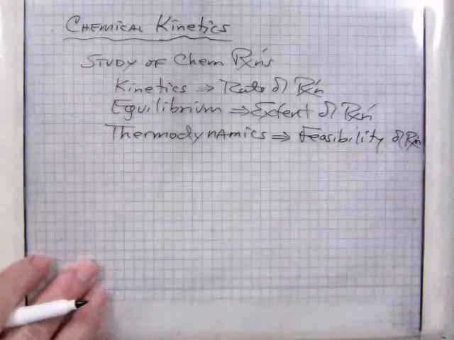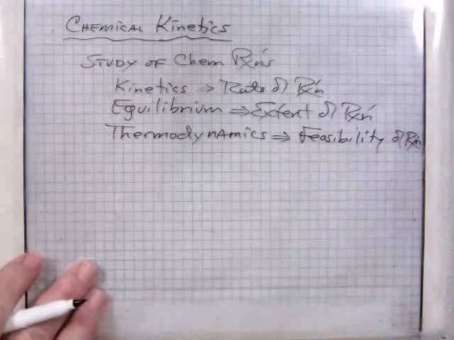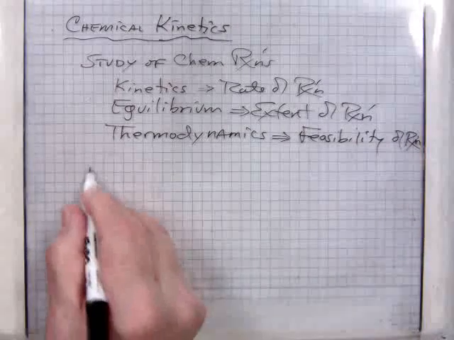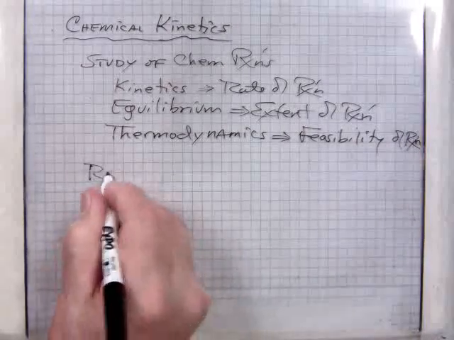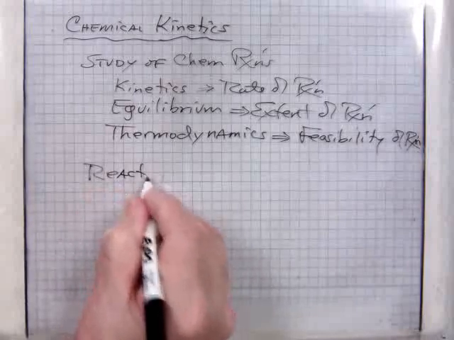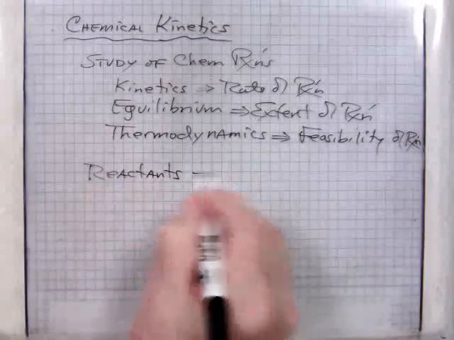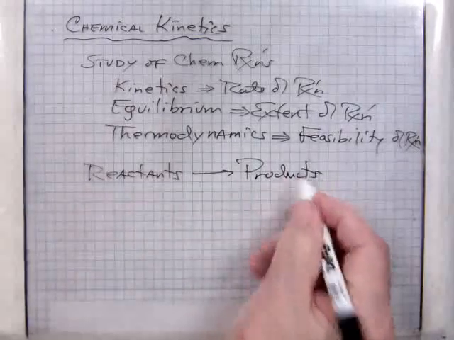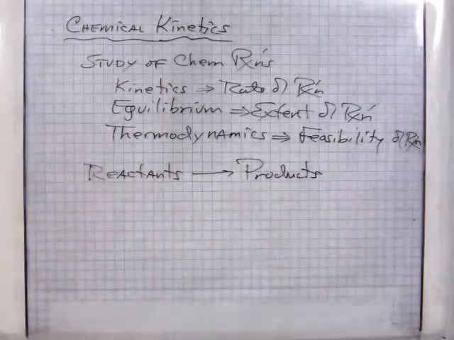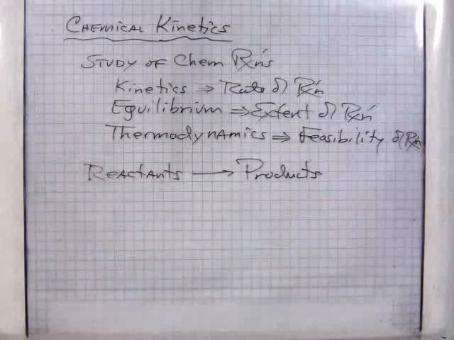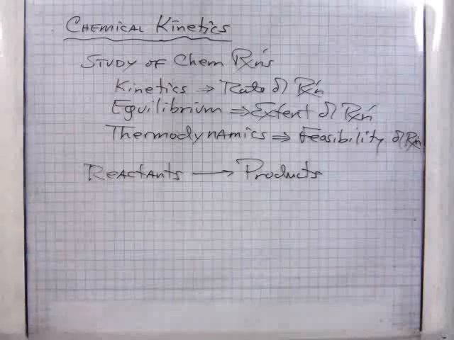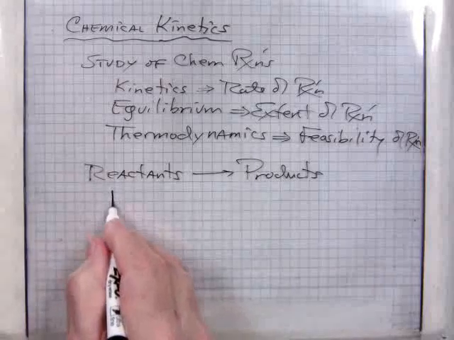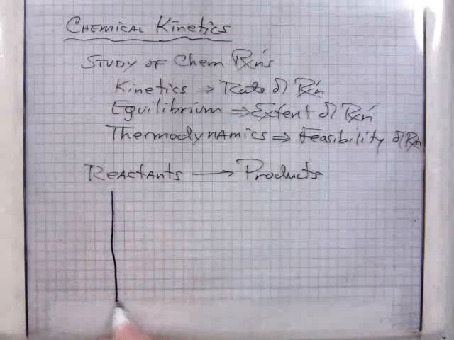Like that. Now, in the study of reactions, we all know reactants first go to products. So if you consider, for example, how the concentrations of reactants change as a function of time, as well as the product change as a function of time, what you'll get is a graph.